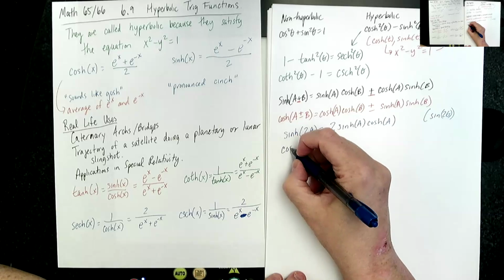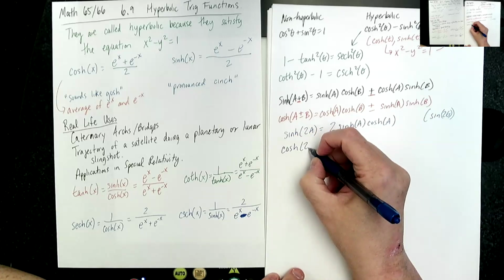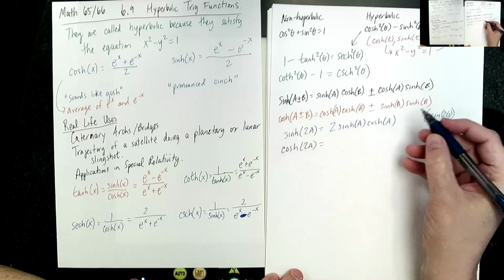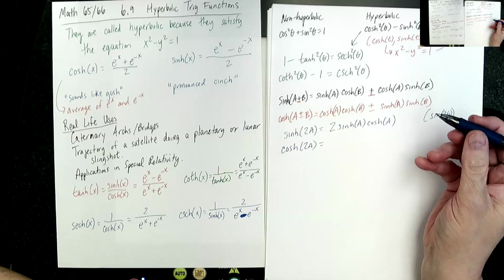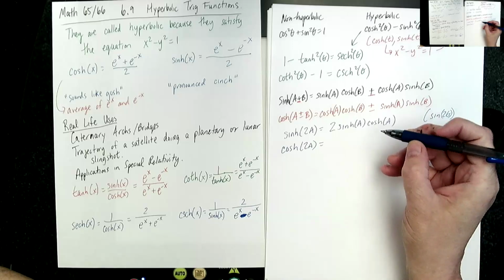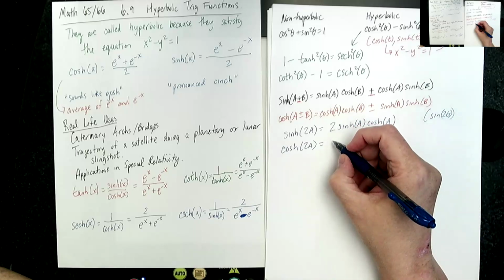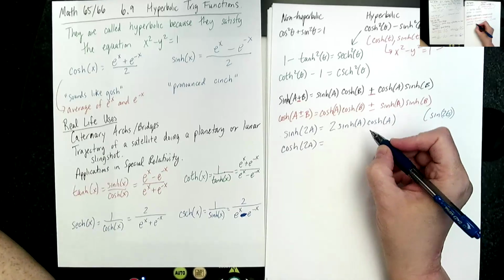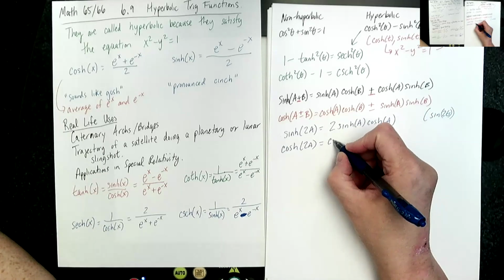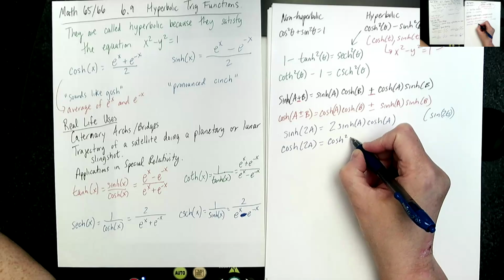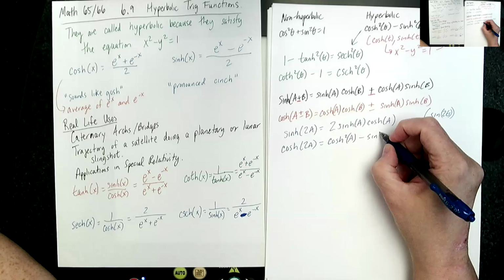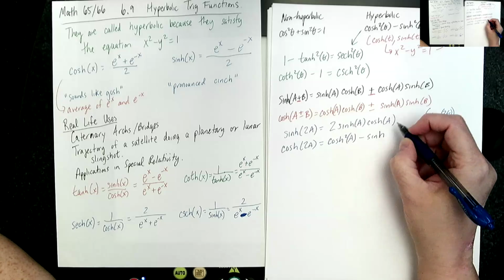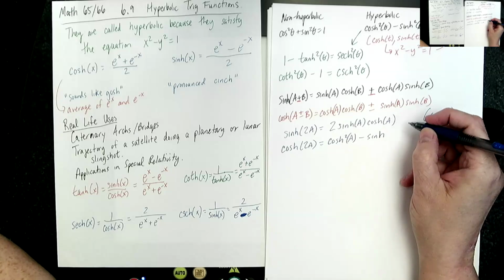And cosh of 2A is a little bit different than your other one. We've got cosh squared A minus sinh squared A. No, plus.